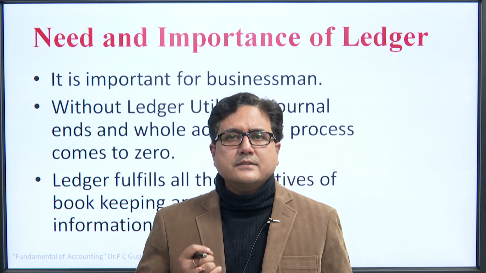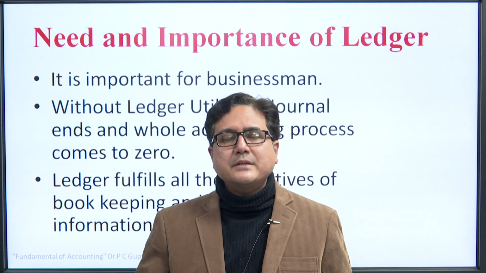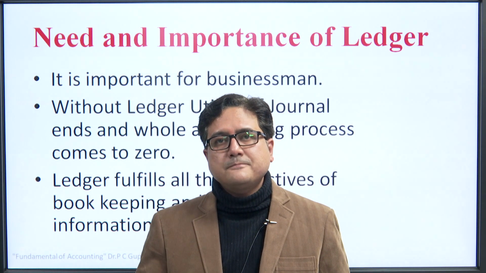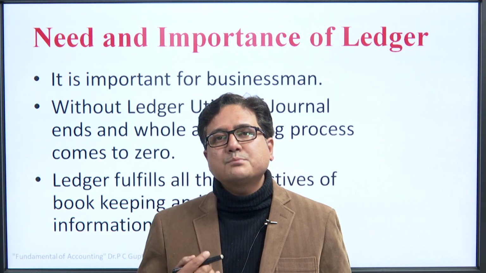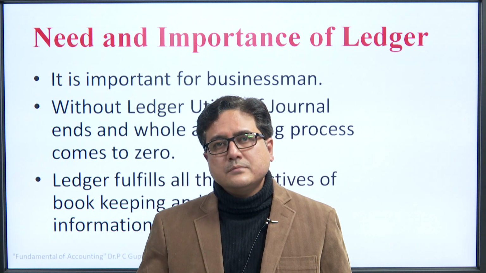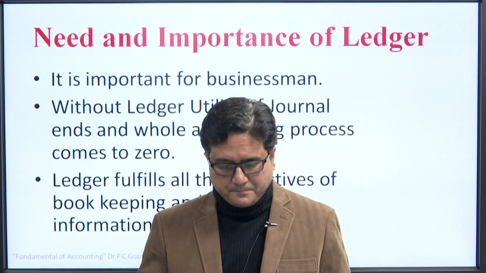There are different ledgers, like a purchase ledger, a sales ledger, a purchase return ledger, a sales return ledger, a cash ledger. We can simply say cash book, and so on. It depends on the company how many account books we want to maintain.